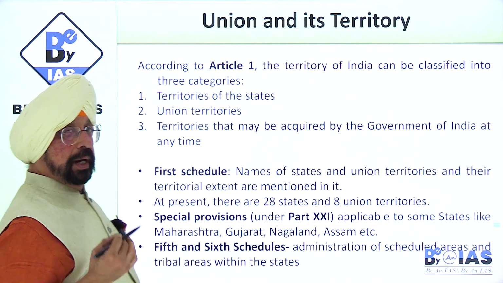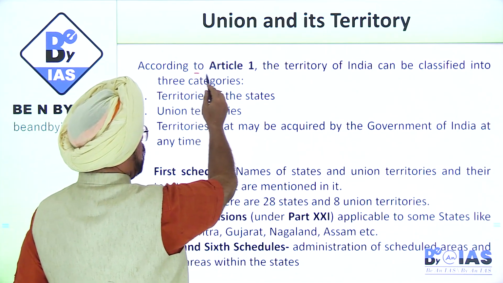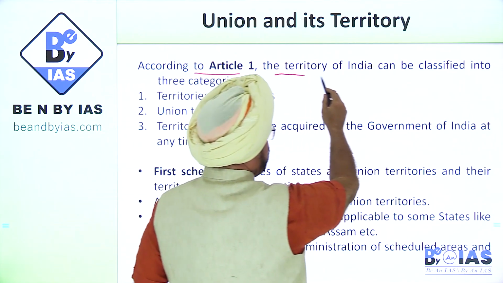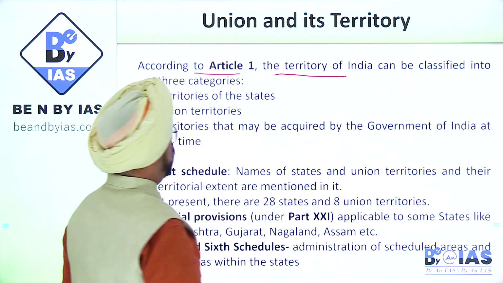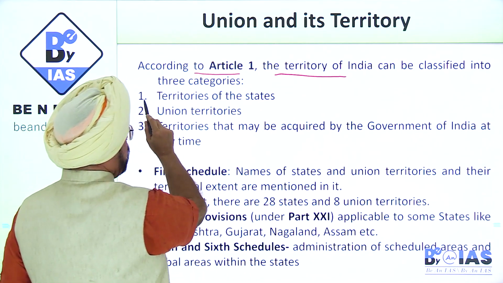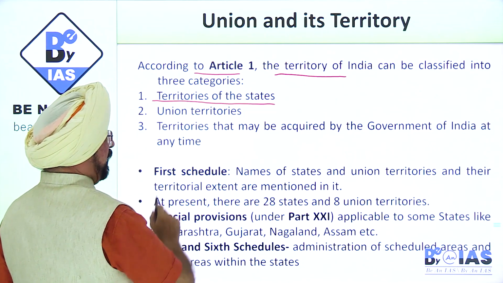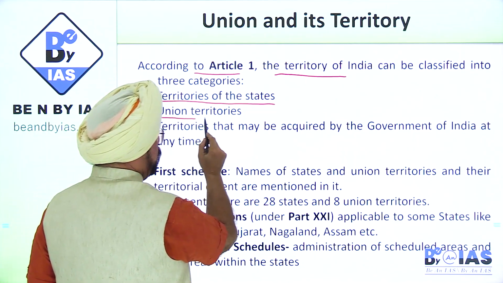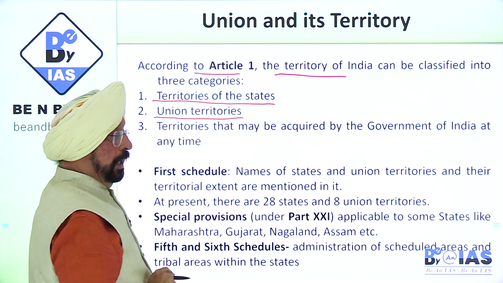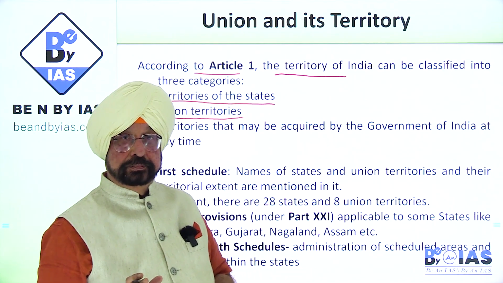Now, according to Article 1, this is the first article, the territory of India can be classified into 3 categories. The first category is the territories of the states. Second category is the union territories. And third category has been left open.